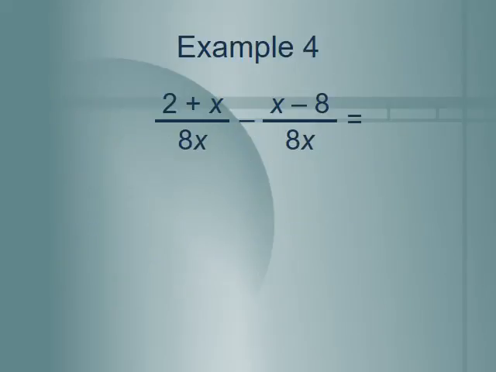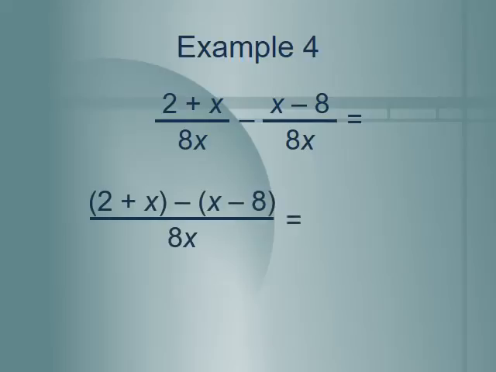Okay, so now we have something that's a little different. We have two terms in our numerators. But then we also have this minus sign. That minus sign is distributed to everything. So we end up with 2 plus x minus x plus 8, because we have a minus and a minus, so that makes that be plus.